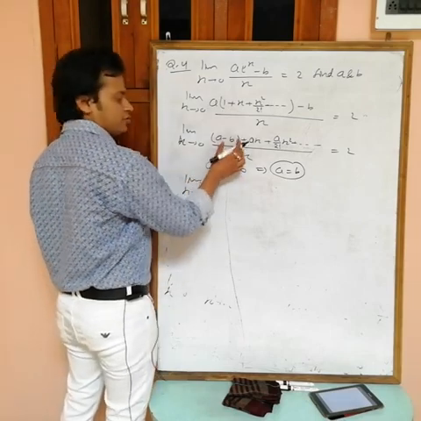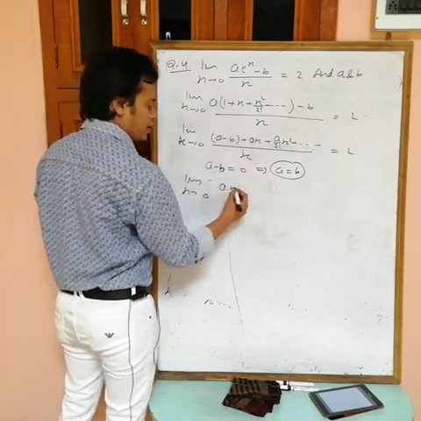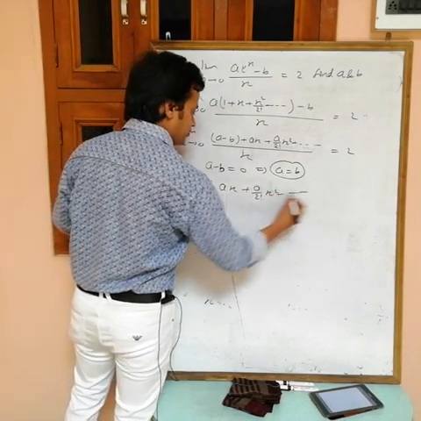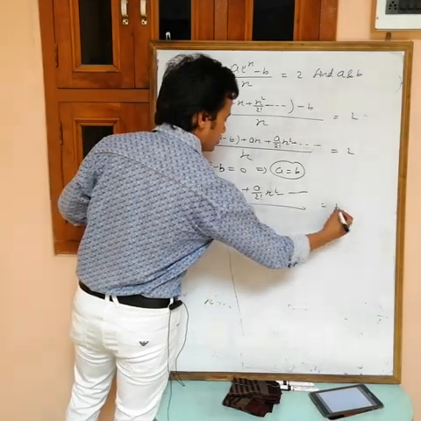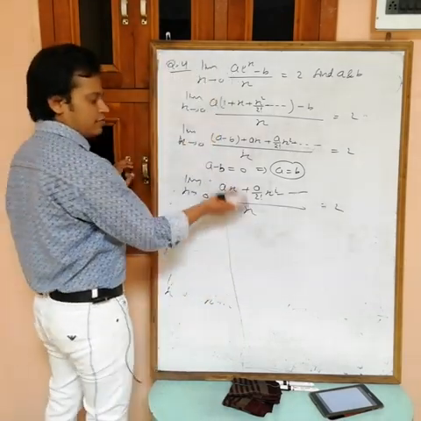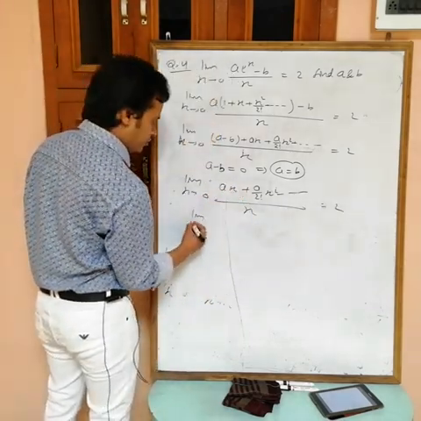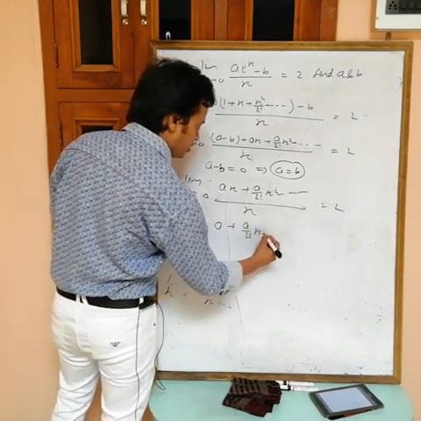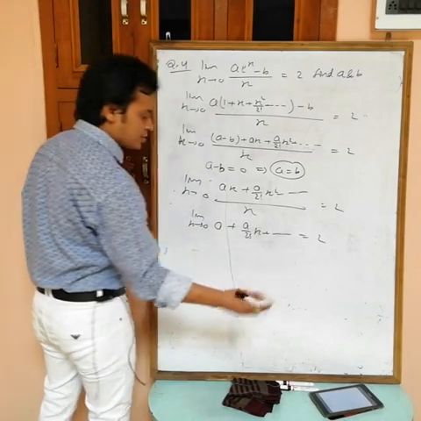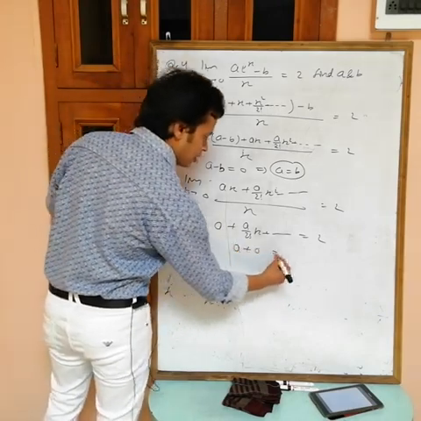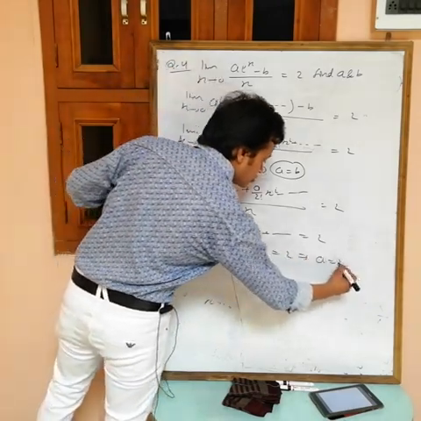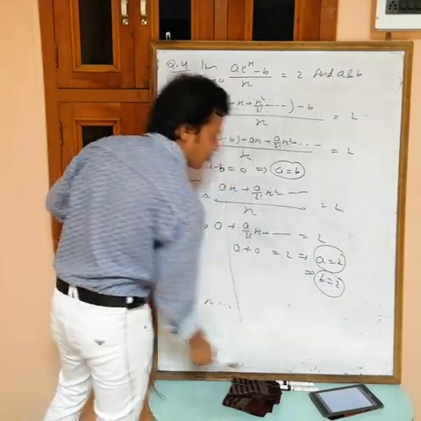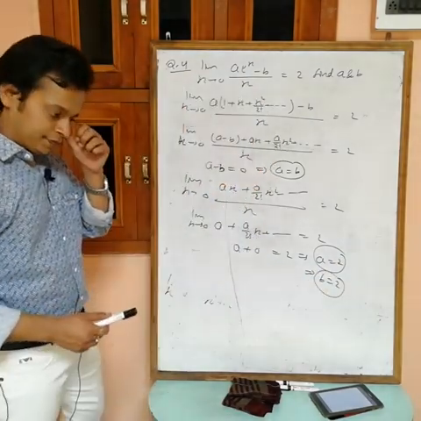What we are getting: limit x tending to 0 of ax plus a by 2 factorial x square, divided by x, gives limit x tending to 0 of a plus a by 2 factorial x. Put x equals 0 here: a plus 0 equals 2. From this a equals 2. Then a equals b, so b is also equal to 2. Okay, simple.